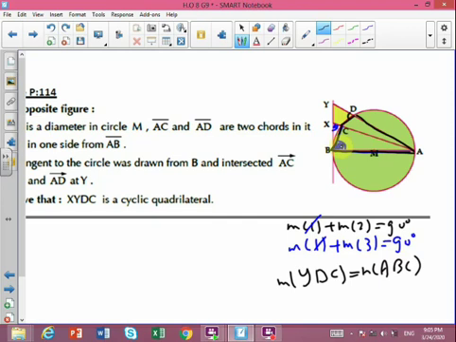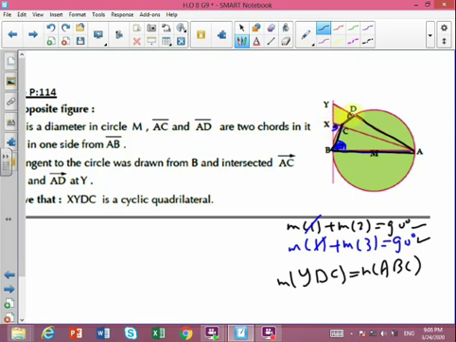And ABC was equal to what? It was equal to AXB. This is the first thing we have proved, that these two blue angles are equal. And now I have proved that YDC is an exterior angle of the quadrilateral inside the circle, so angle YDC equals angle CBA. And so these two parts will be equal.